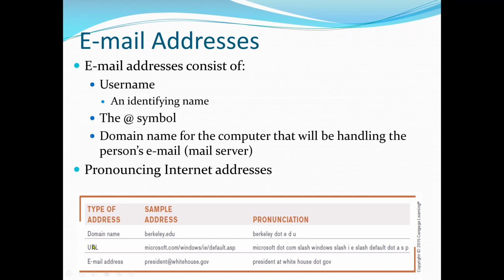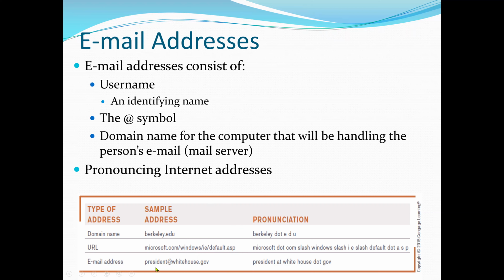Then the URL address can be microsoft.com/windows/InternetExplorer/default.asp. Again, ASP is also a special scripting language that can be used to create web pages, normally for the server. ASP stands for Active Server Pages.